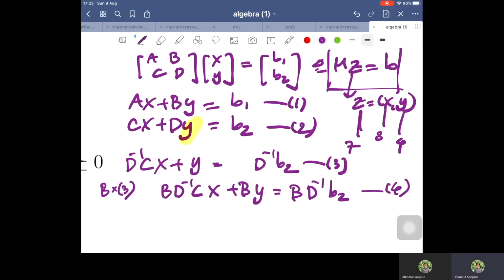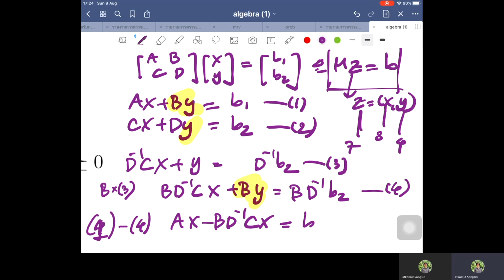Then you get 4. From here, you try to make the two equations have the same variable. So now you're going to subtract 4 from 1. Then you get Ax minus B D inverse C x equals b1 minus B D inverse b2.